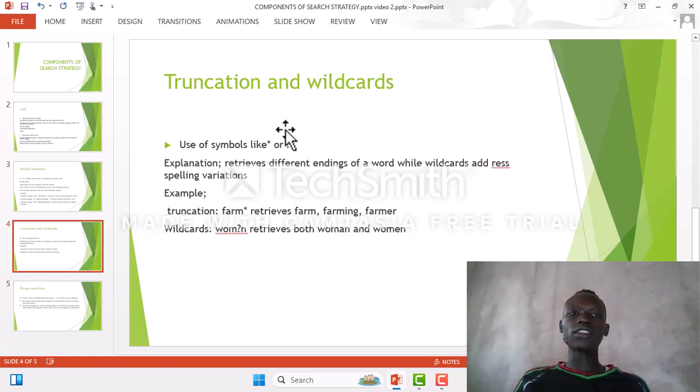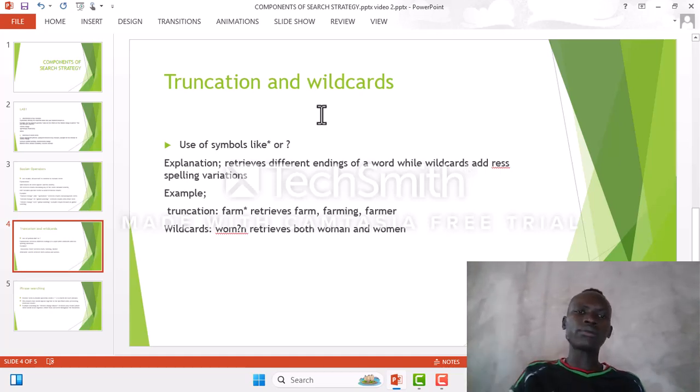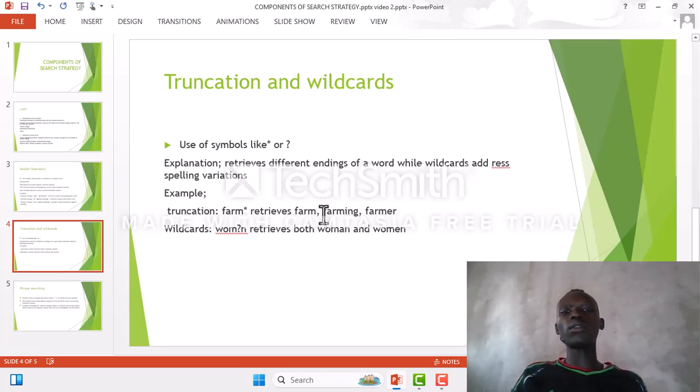You get it? So that is truncation and wildcards. Be very critical when it comes to things like this. When you see a star or a question mark anywhere in the information you find, just know there's either ing or er, or there's a letter that is missing in the middle.